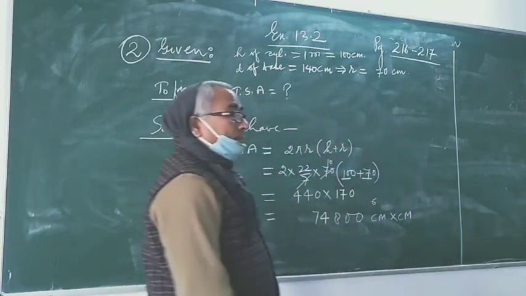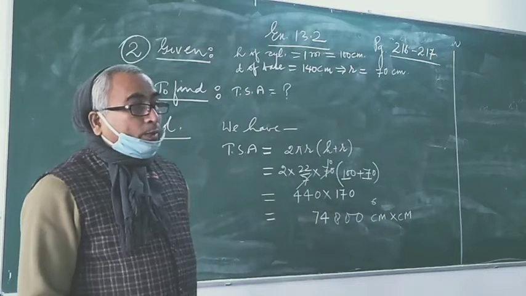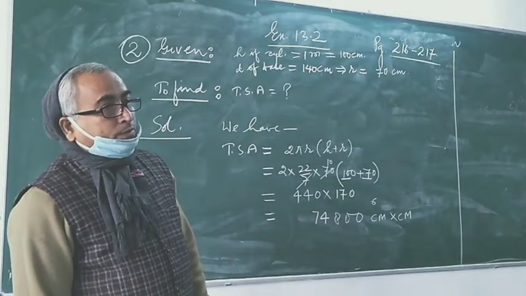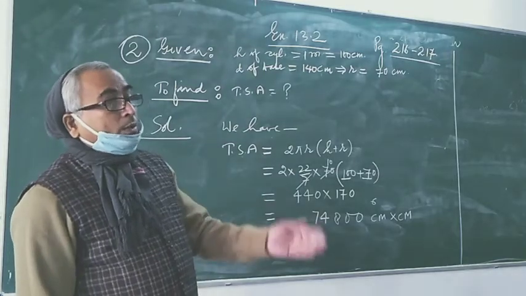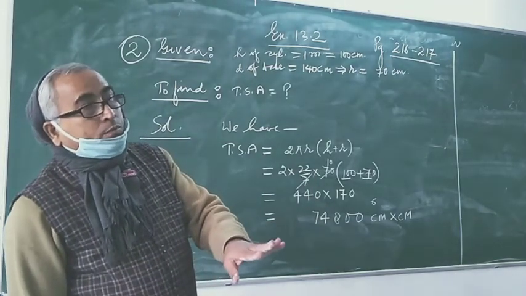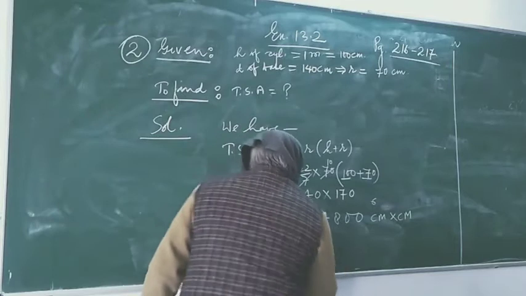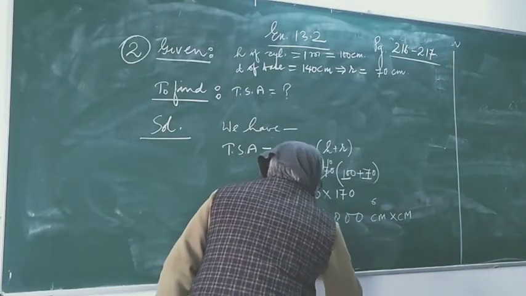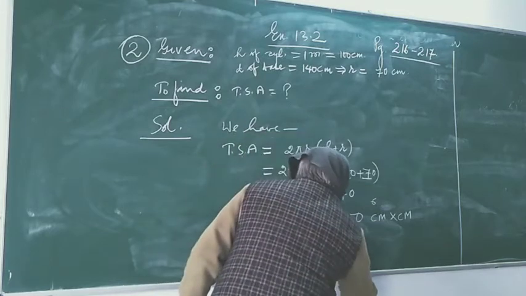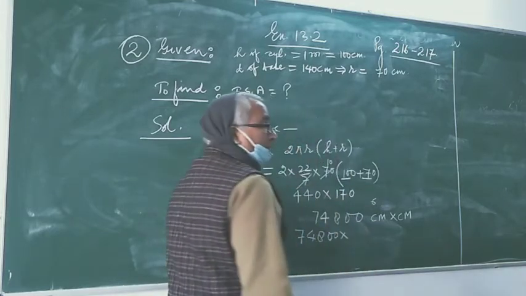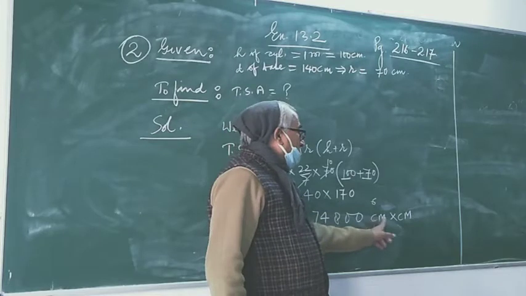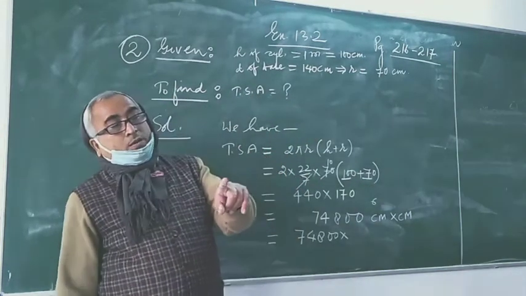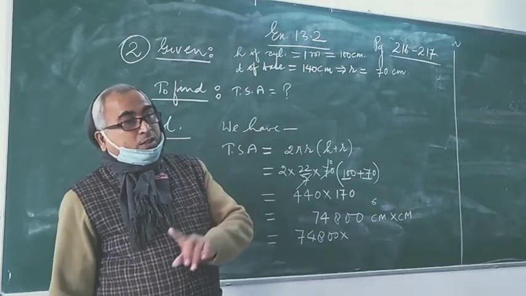This can be converted into square meter also. How? Centimeter will be converted into meter. Now see, this is the conversion of units: 74800 multiplied by how many centimeters? 1 centimeter equals 1 upon 100 meter.